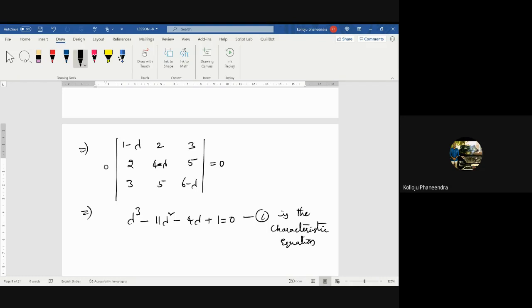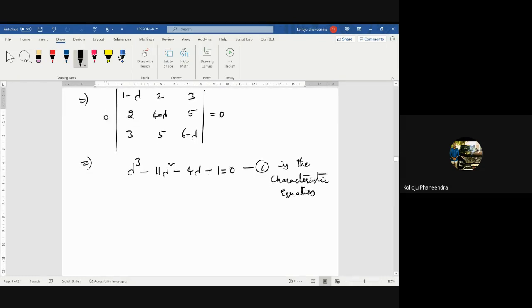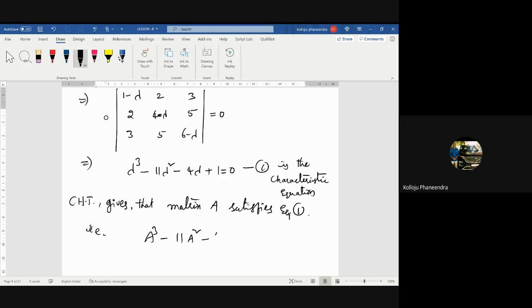Now, the Cayley Hamilton theorem states that matrix A satisfies equation 1. That is, A cube minus 11A square minus 4A plus I equal to 0.